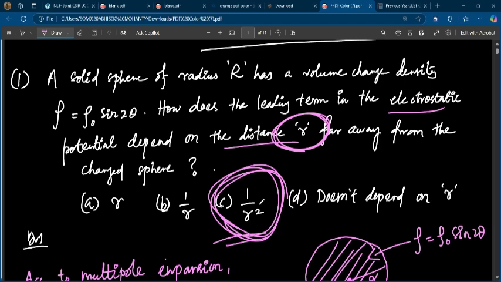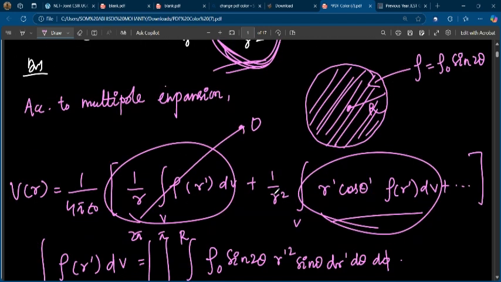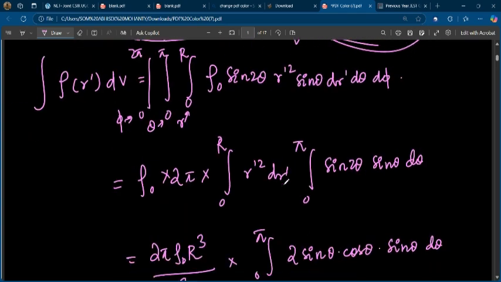Option C. You just have to remember this multipole expansion formula. Let me write it again.